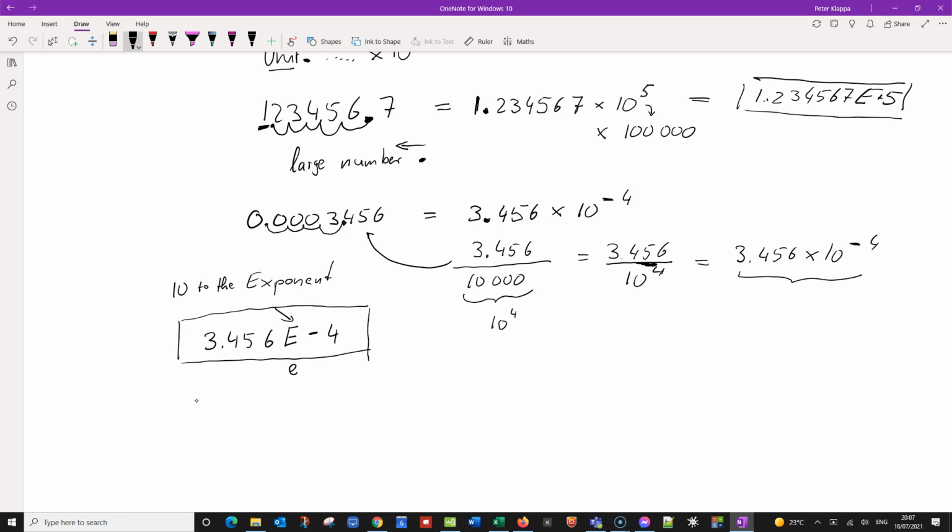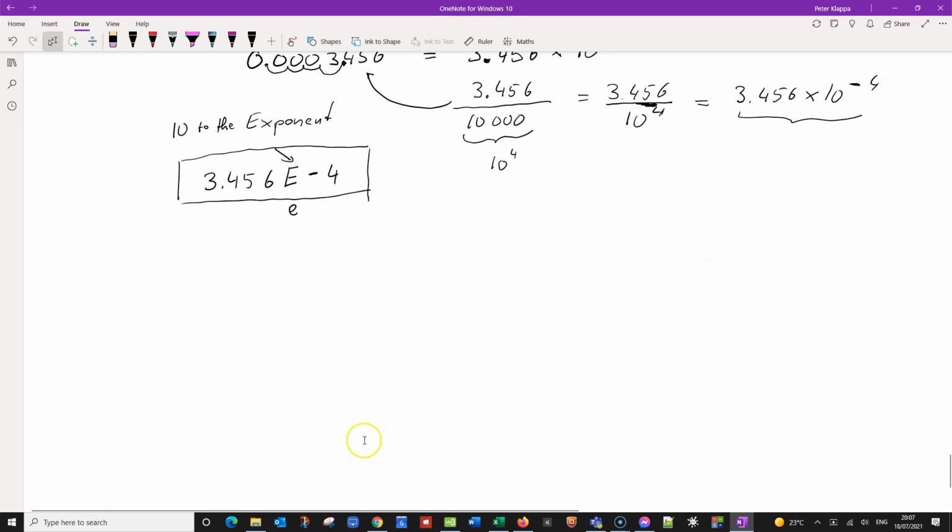So in the following there are a few practice questions so that you can see how to convert numbers into scientific format. But of course we can also convert from the scientific format into the standard, normal format.